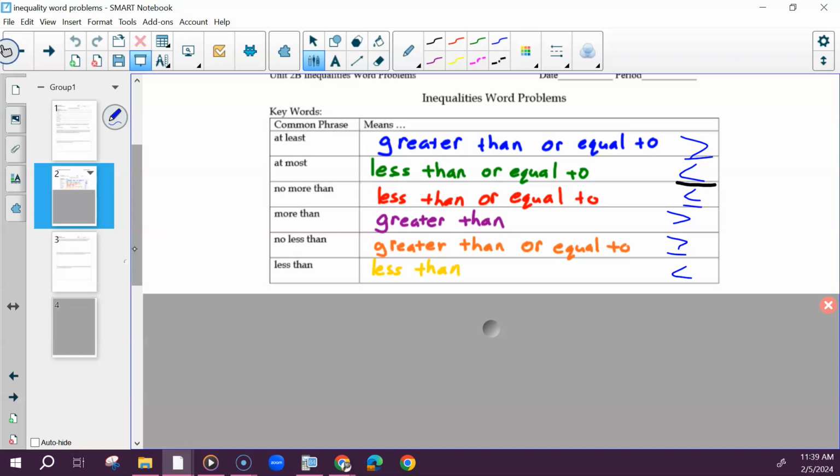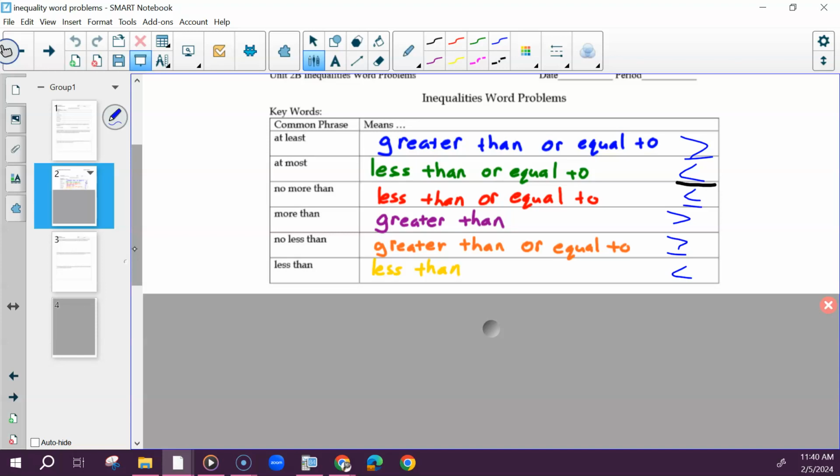No more than and no less than are opposites of what they say. So no more than is less than. I can spend no more than $10 buying snacks. Or I have more than 5 students. I have more than that. No less than is opposite.